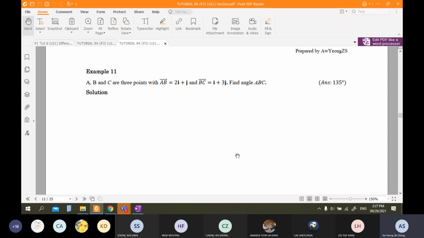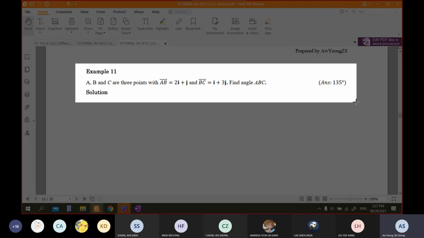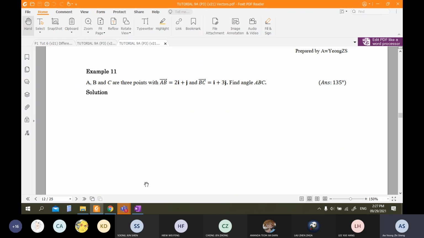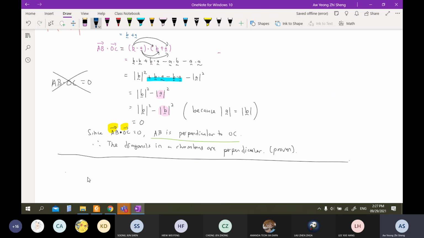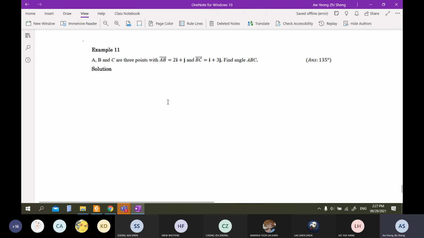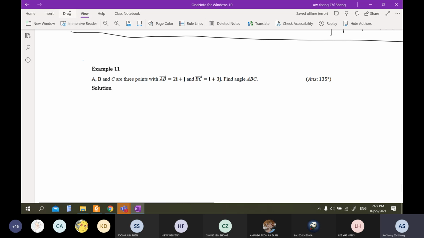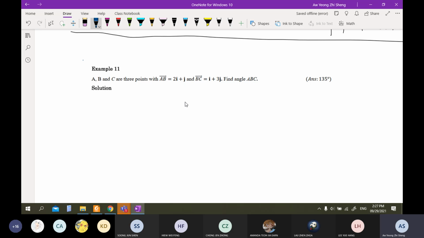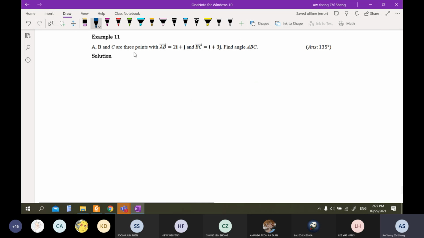Now we are at example 11 on page 12. For example 11, you have A, B, C as 3 points.